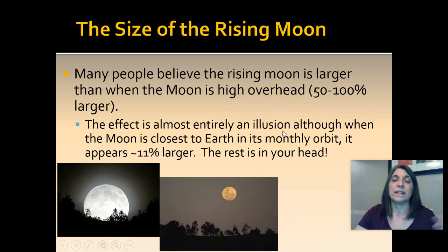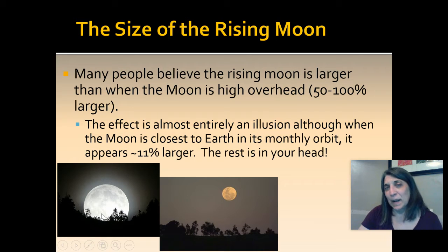So the effect is almost entirely an illusion, although when the moon is closest to the Earth in its orbit, it does appear about 11% larger. The rest of it's in your head. So they're basically saying here in this picture where the moon is coming up over the horizon, it appears larger.